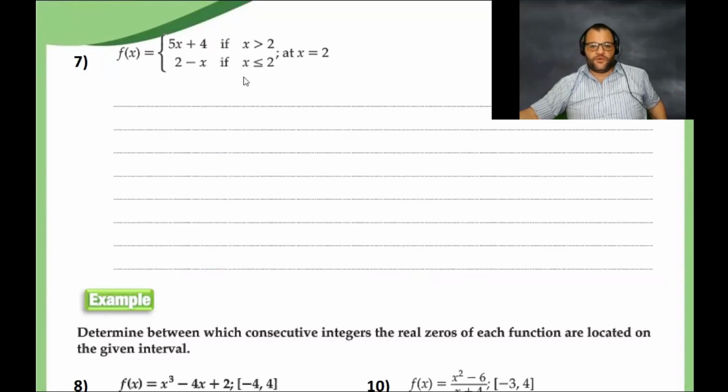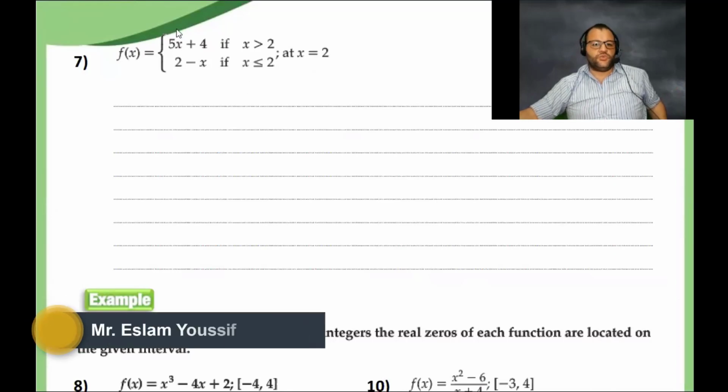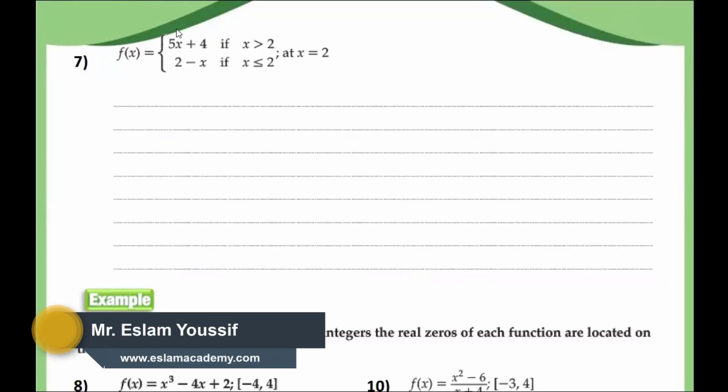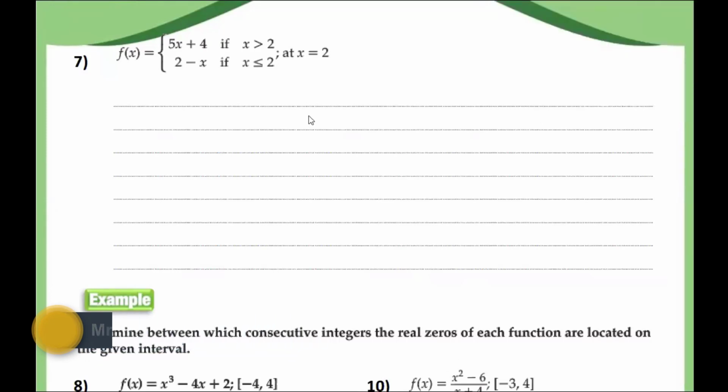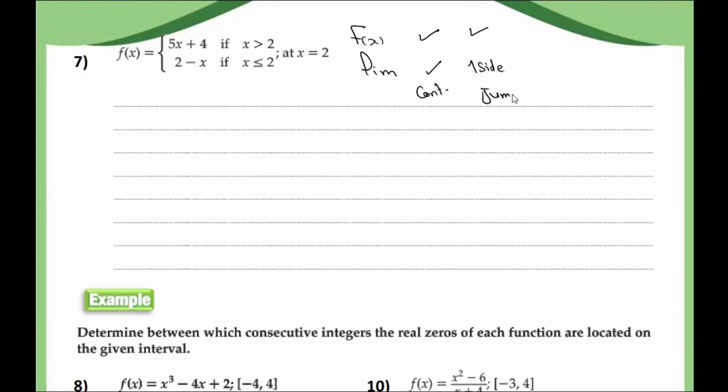We need to check for the function at x equals 2. Again, for the cases, now we have f of x. This table you have to memorize: f of x, and you have a limit. If there is a value of the function and there is a limit, it will be continuity. If there is a value of the function and a limit only from one side, it means discontinuity jump.